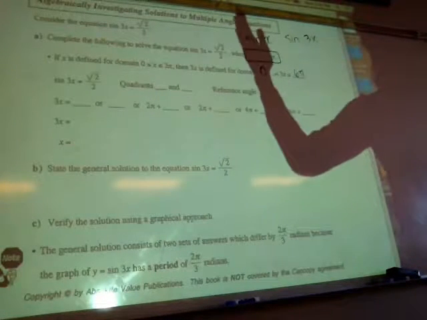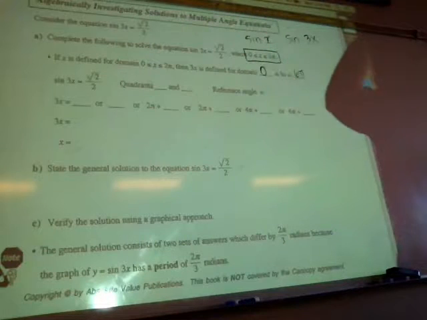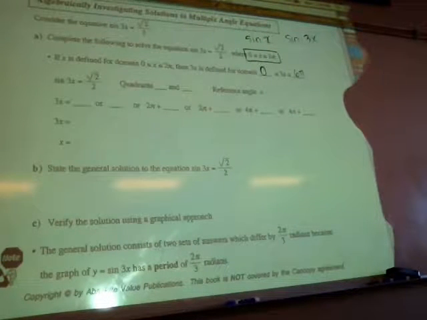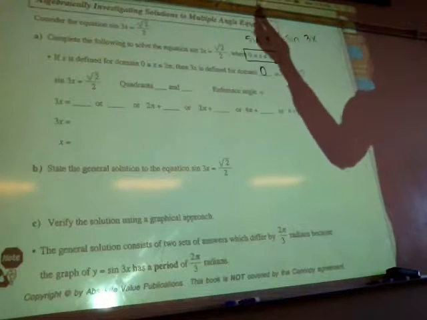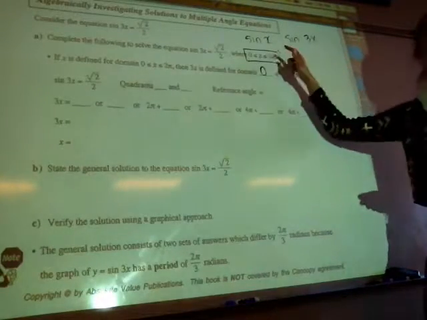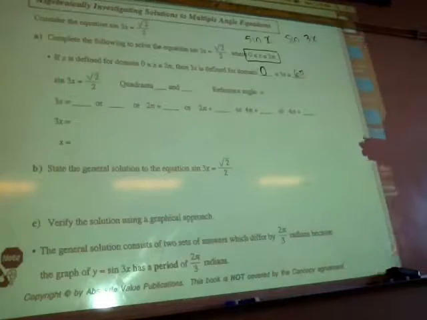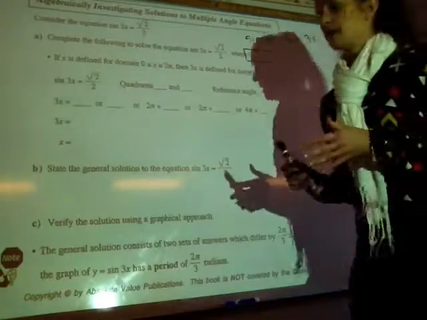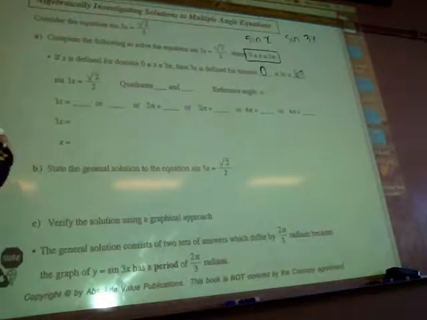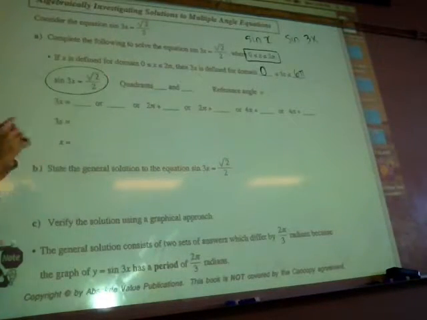So first we're stretching the domain, figuring out all the solutions from 0 to 6 pi, then dividing them by 3, so it's just within the original domain. I think it's best if we just look at the process and then we can talk a little bit more after.